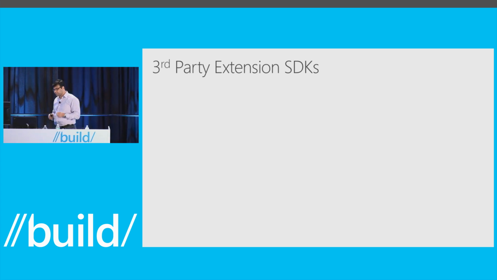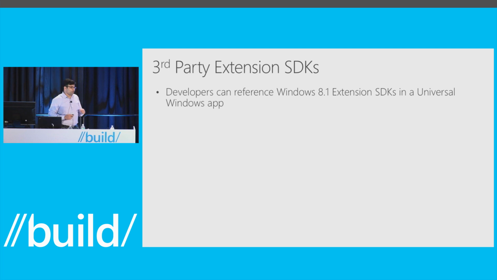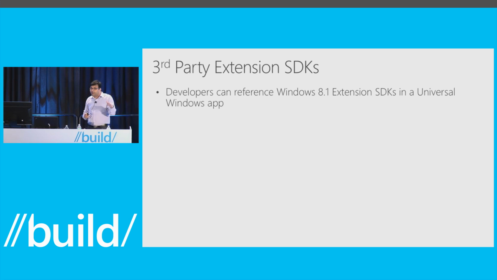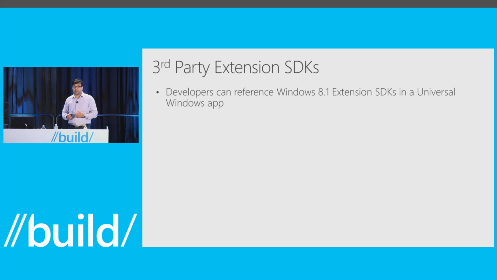For the Universal Windows Platform, we will support referencing existing Windows 8.1 extension SDKs in your Universal projects. So if you have an existing Windows 8.1 extension SDK, whether it's the behaviors SDK that Microsoft ships, or a third-party SDK like Telerik or DevExpress, you can just reference the existing Windows 8.1 extension SDK in your Universal project and use that.